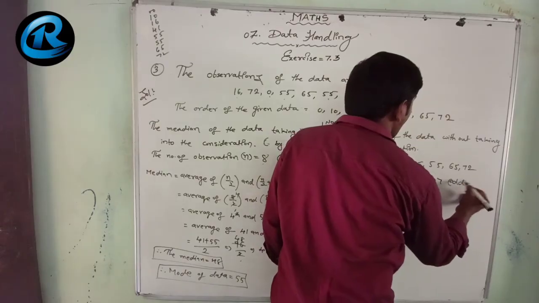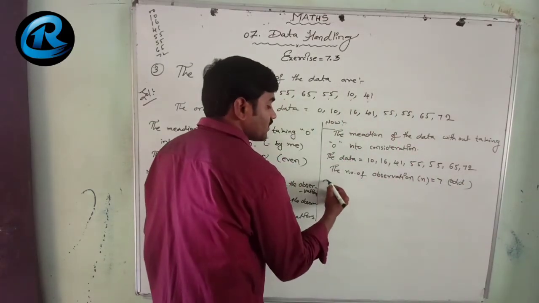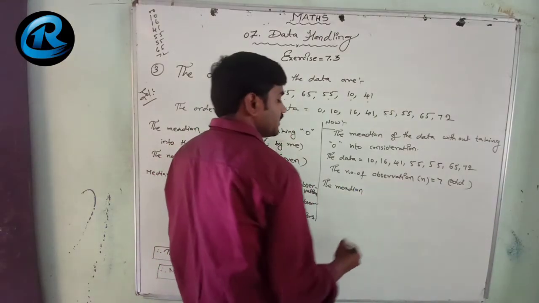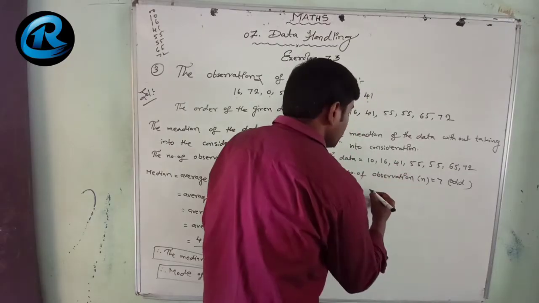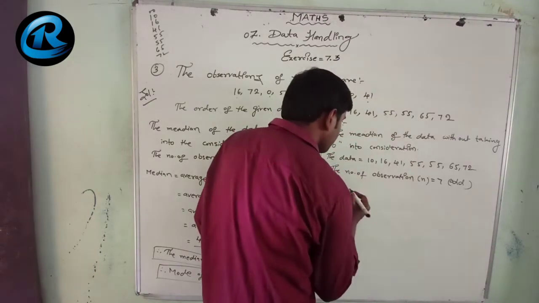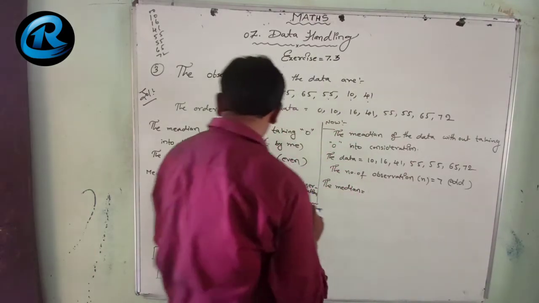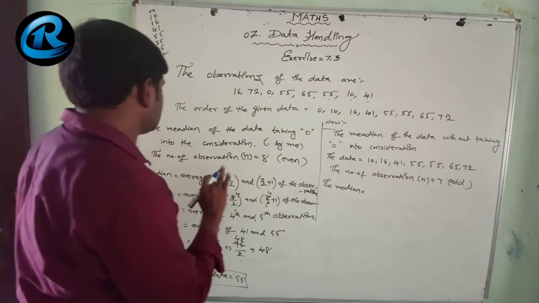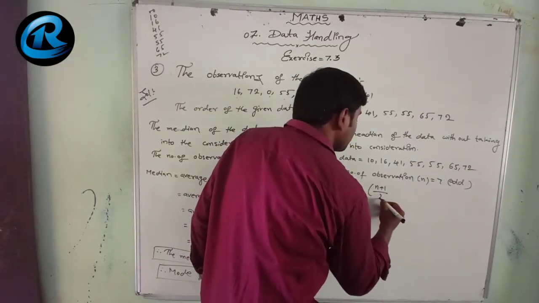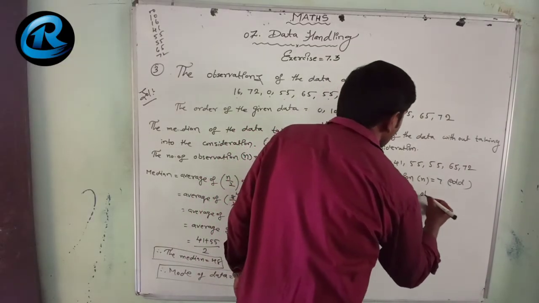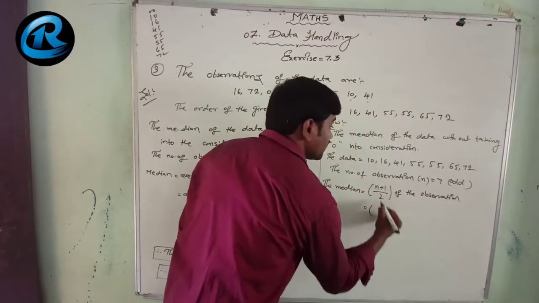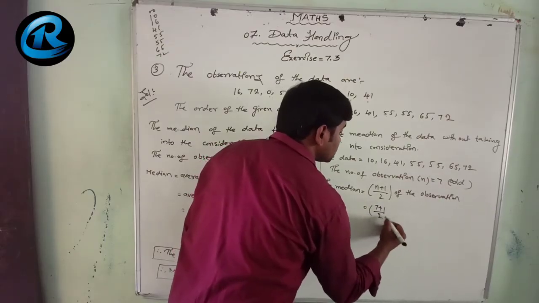If 7 is an odd number, what is the formula for the median? The median equals the (n plus 1) by 2 th observation. Here n is 7, since only 7 observations are taken and 0 is not.